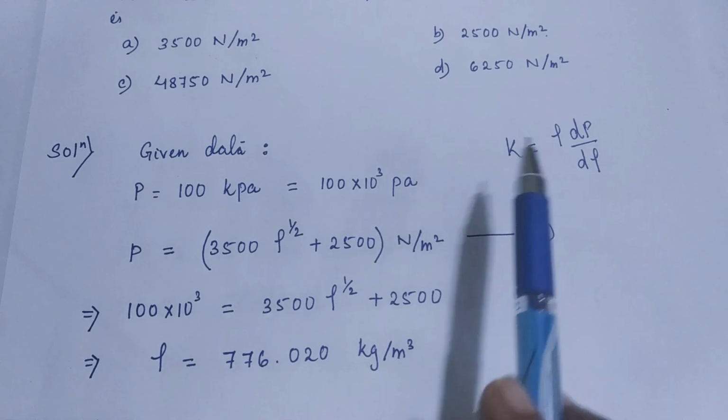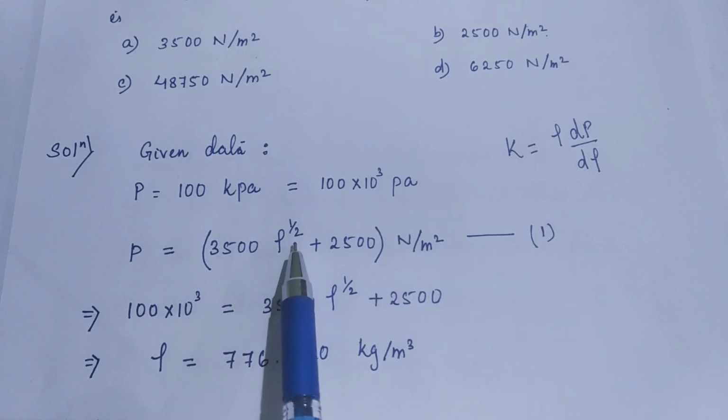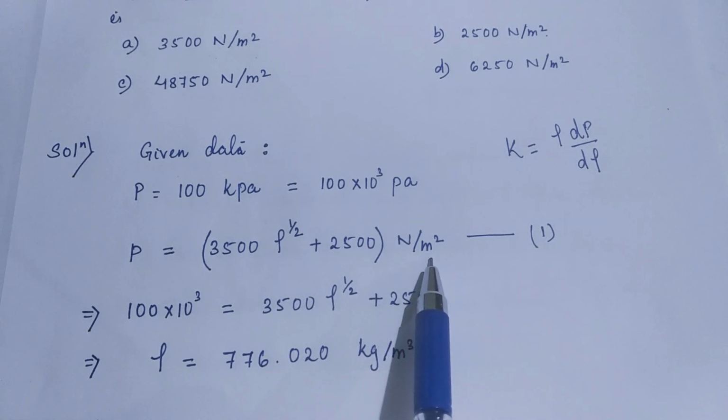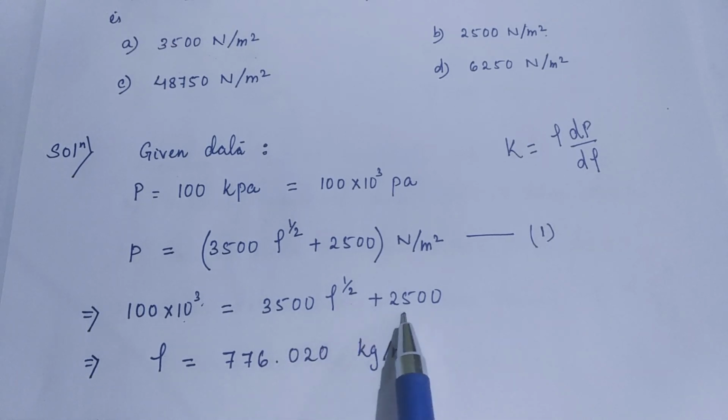We use the equation P equal to 3500 rho to the power 1 by 2 plus 2500 Newton per meter square. In place of P, we substitute 100 into 10 to the power 3, as given in the question, equal to 3500 rho to the power 1 by 2 plus 2500. Now if we solve this equation, we get the magnitude of rho to be 776.02 kg per meter cube.